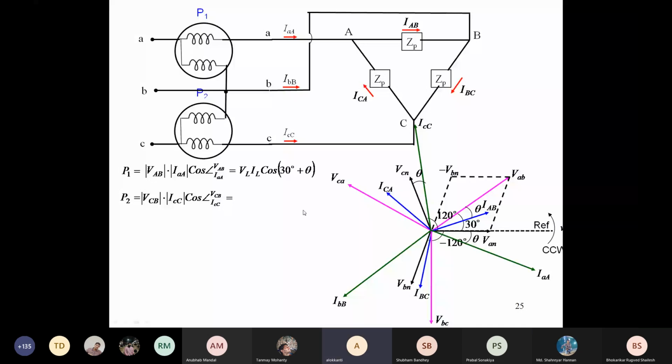Okay, so this is the situation. So this comes to VL IL cos of 30 minus theta.